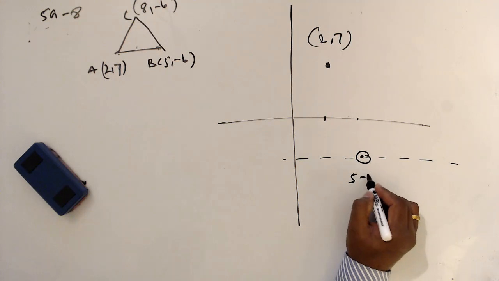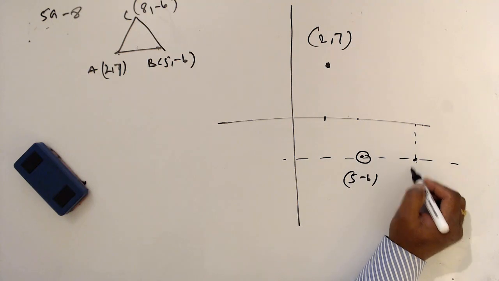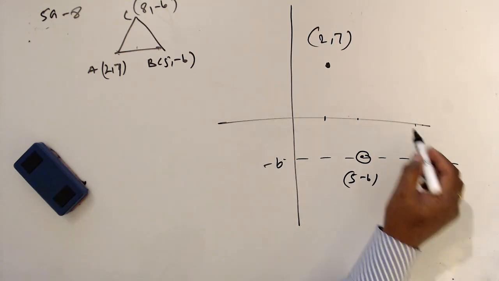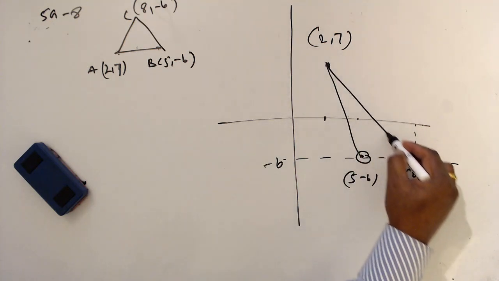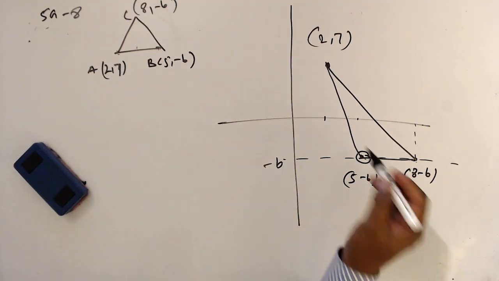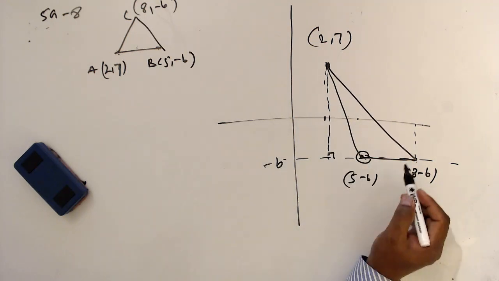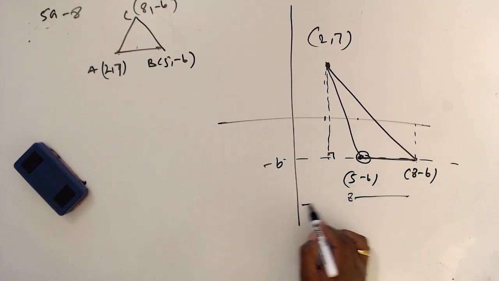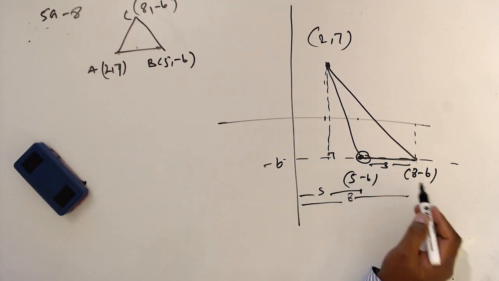The other one is 8, minus 6. And this is the height. Now this is the triangle. Now I can take this as a base. Up to here 8, up to here 5. Then what is this distance? 8 minus 5, 3.